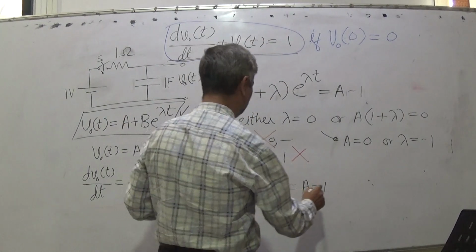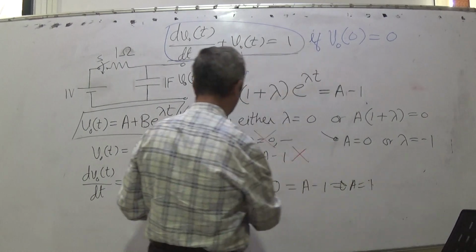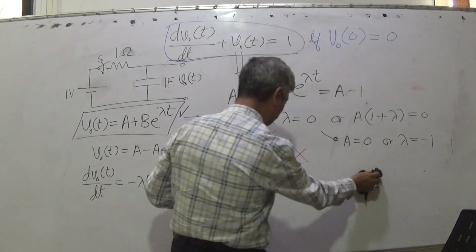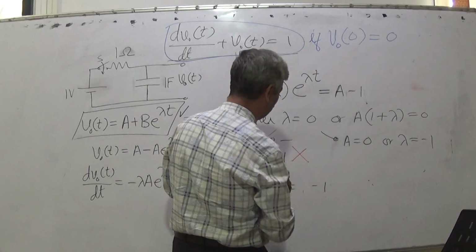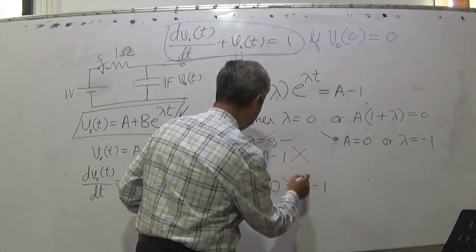So it leads to a equal to 1. But if I put a equal to 0 here, I also put a equal to 0 there, so 0 equal to 0 minus 1. This is also not possible. So this is also ruled out.